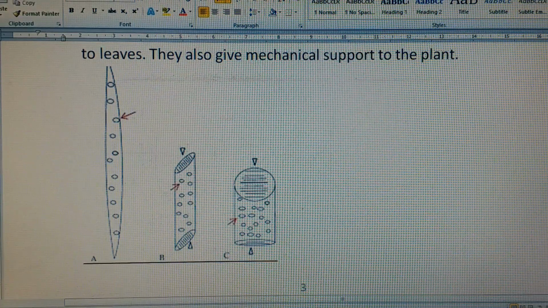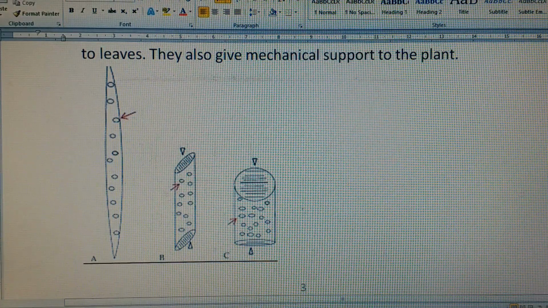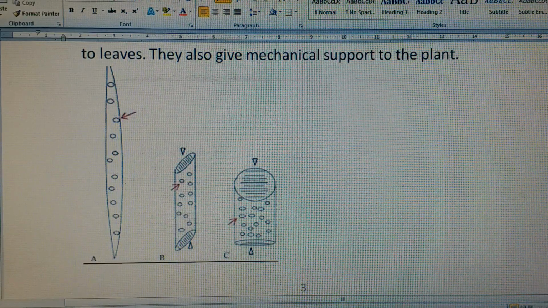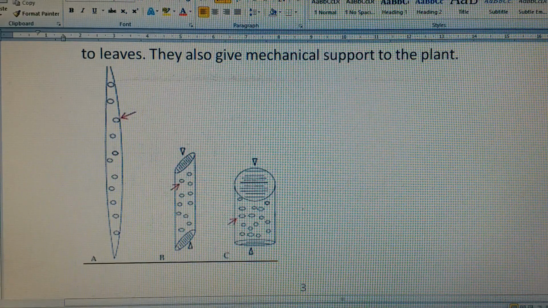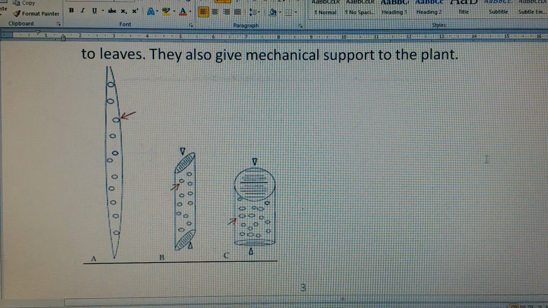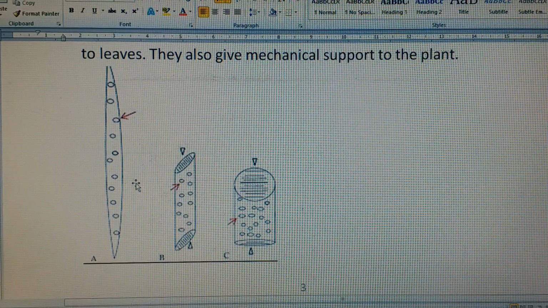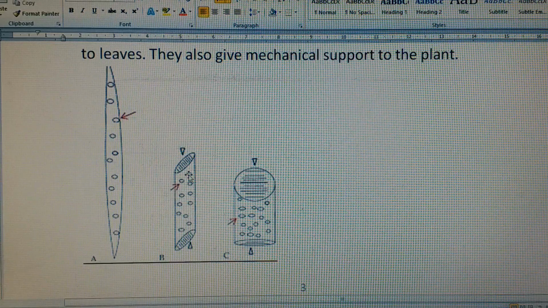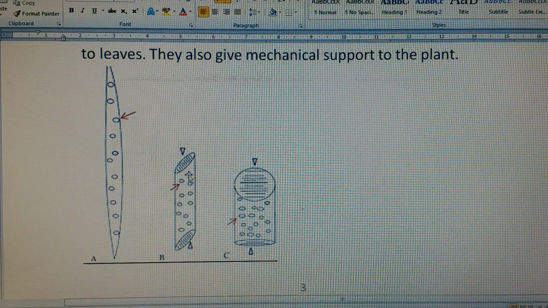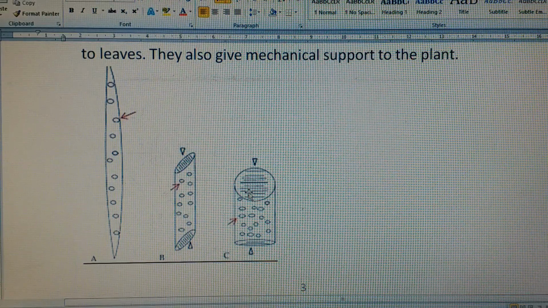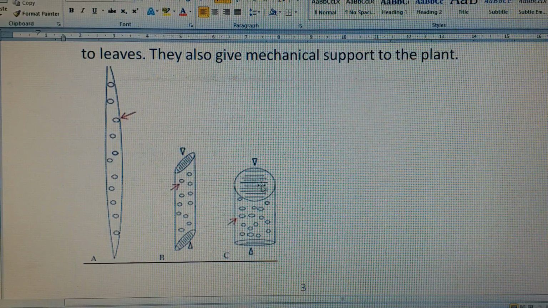Tracheids have a comparatively thick cell wall because of the deposition of lignin, so the space between them becomes narrow. Trachea have comparatively thin walls. There is deposition of lignin, but very thin, so the space through which water can be transported is very wide.